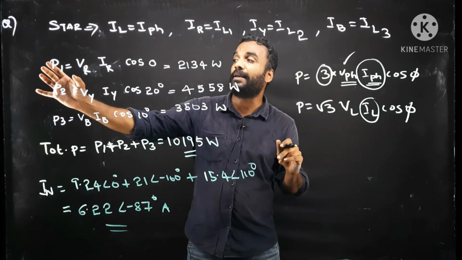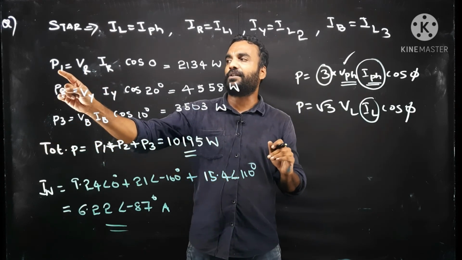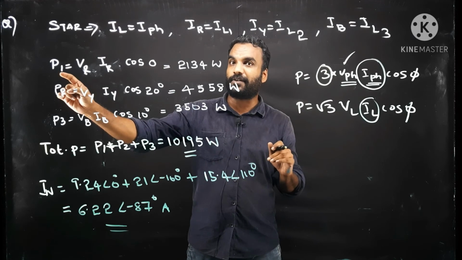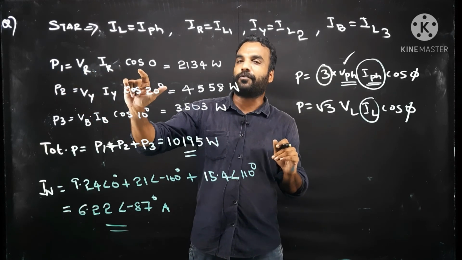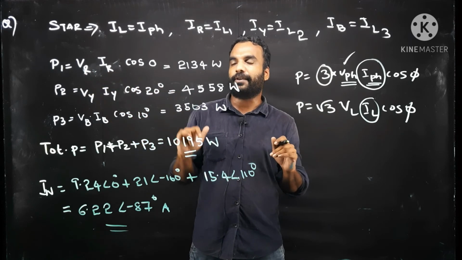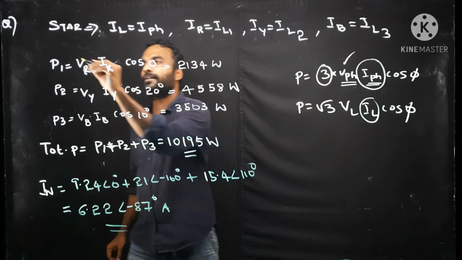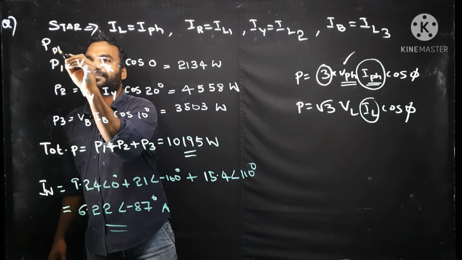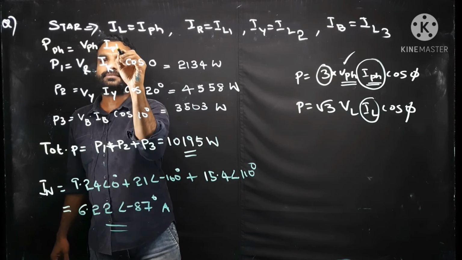You have to take the power for each phase separately. So what is the power equation for the first phase? Single phase power is voltage into current into power factor, V I cos phi. So for the first phase, power per phase is equal to V phase I phase cos phi.